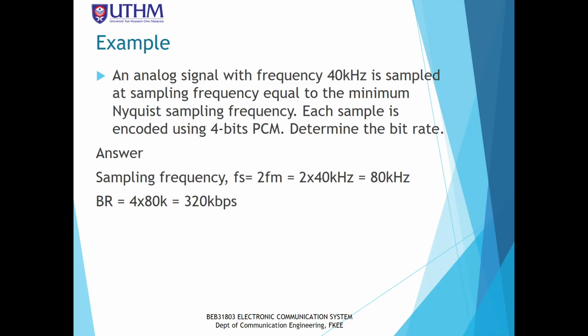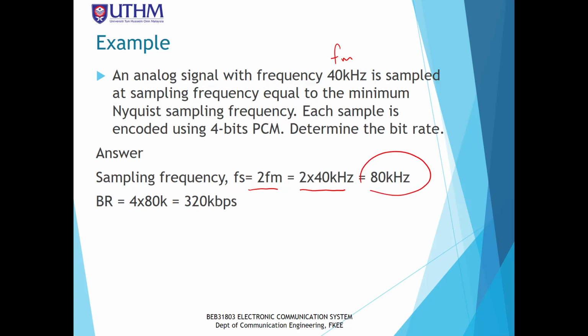So you are given input frequency FM is 40 kilohertz, sampling equal to the minimum Nyquist rate, which is 2 FM. So the sampling rate is equal to 2 times FM, which is 2 times 40 kilohertz. So we produce 80 kilohertz.